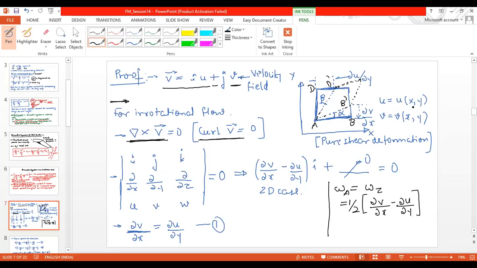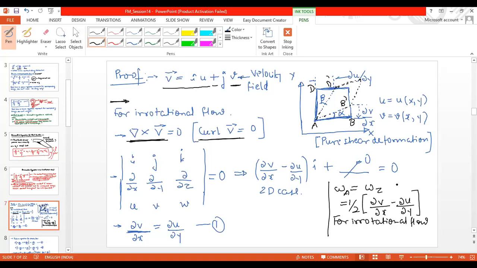I'm not going very deep right now. Just imagine this for irrotational flow. We define the rotational component about this point A by the equation 1 by 2 (delta V by delta X minus delta U by delta Y).